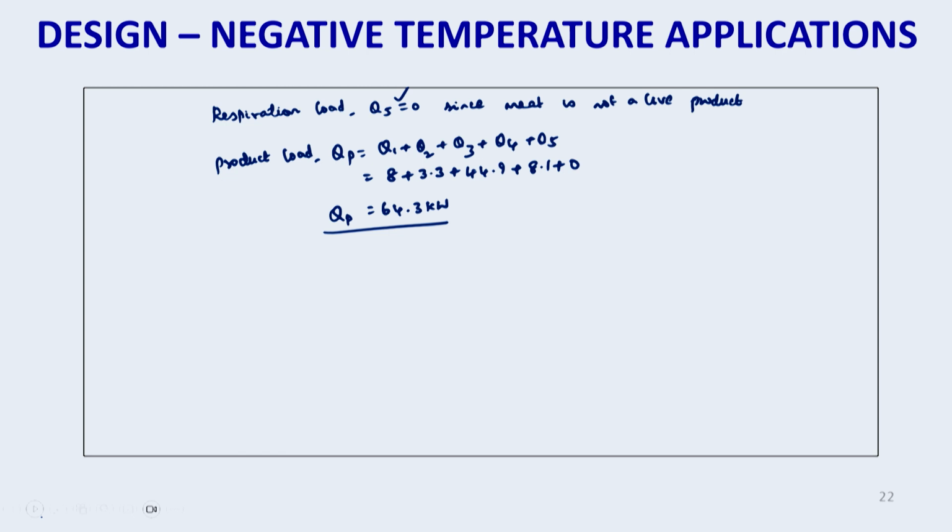Now next, let us calculate the infiltration load, that is QI. The volume of the room should be known to calculate it. Volume is equal to length into width into height.